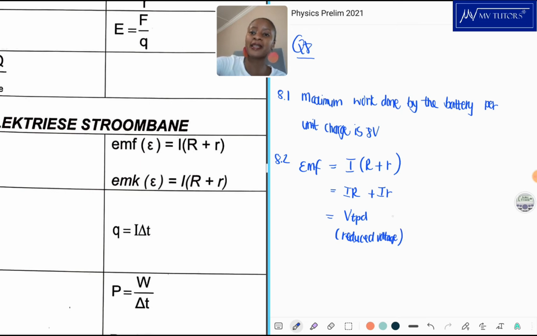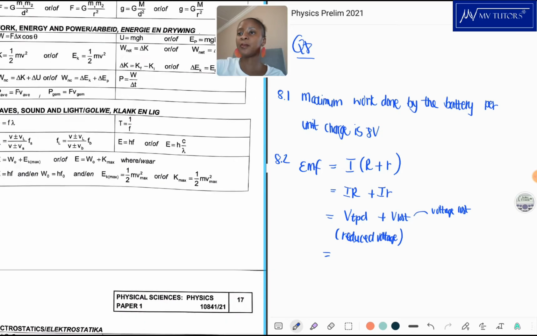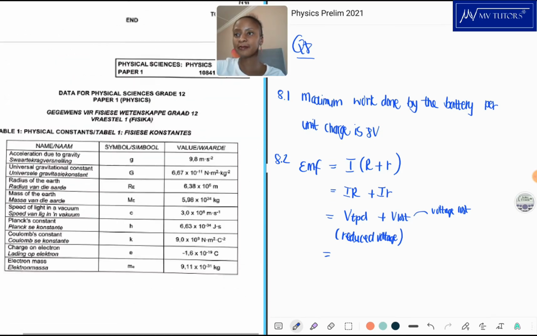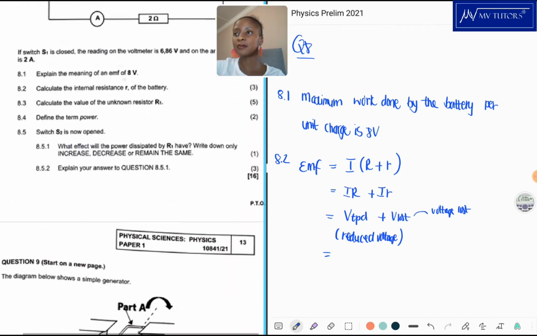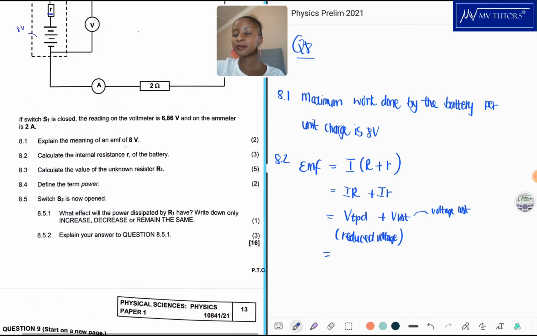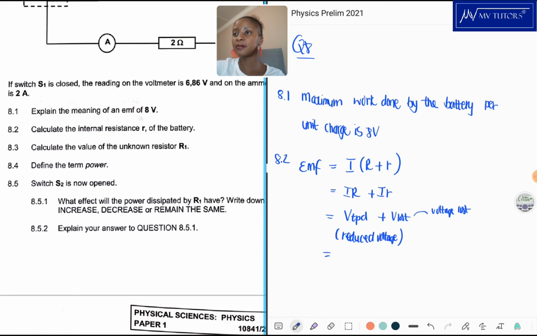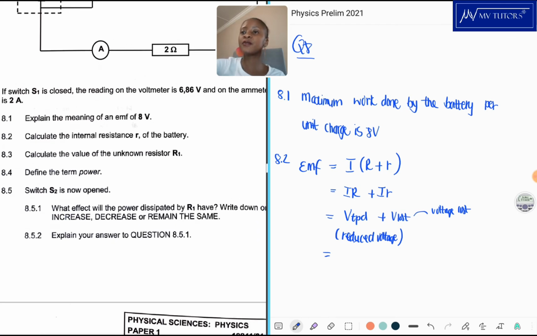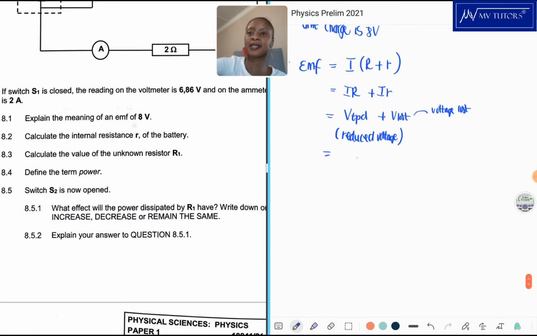Whereas here we have V lost. So that is actually the voltage that was lost as a result of the current flowing. Okay, so basically then the reduced volts, if we go back to our question, the reduced volts is 6,86.